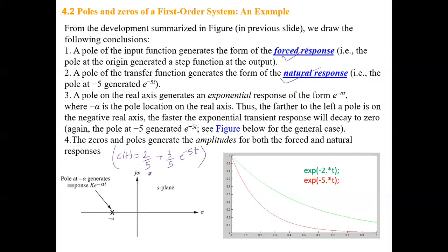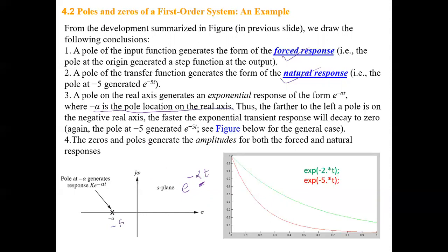The first term is forced, and this one is natural. In general, you can have e to the negative alpha t, where negative alpha is the pole location on the real axis.